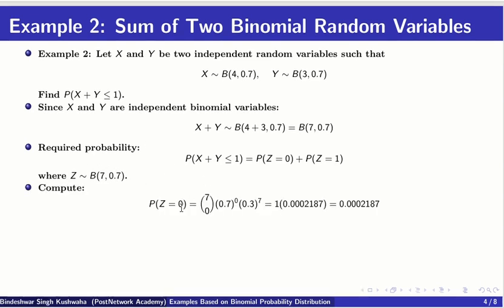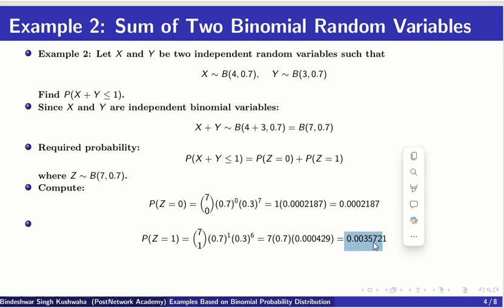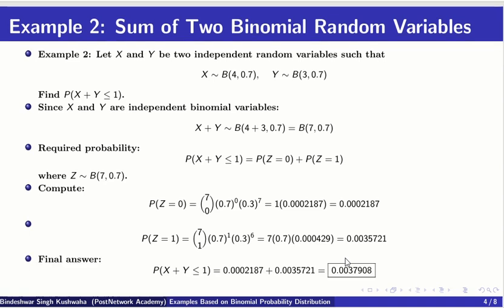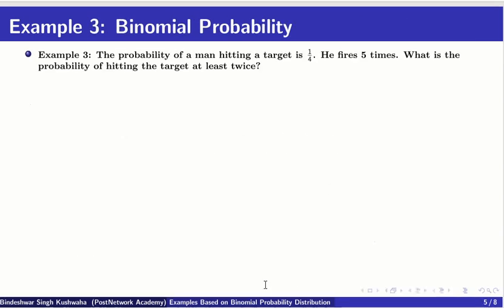For z equal to 0, you put the value of x as 0, so we will get this value, and for z equal to 1 we will get this one, 0.0035. The final answer, you add both of them, that would be equal to 0.0037908.